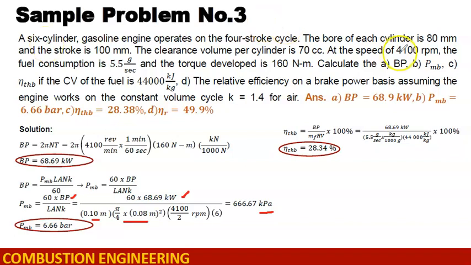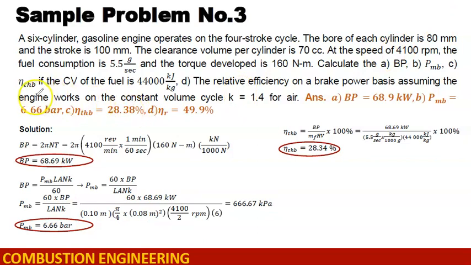We're given the cross-sectional area from the bore, which is 80 mm. And then N we divide by 2 times 6, which is the number of cylinders, 6 cylinders. So we have 666 kPa. We convert kPa to bar by dividing by 100, because the conversion is 100 kPa per 1 bar. So PMB is 6.66 bar.